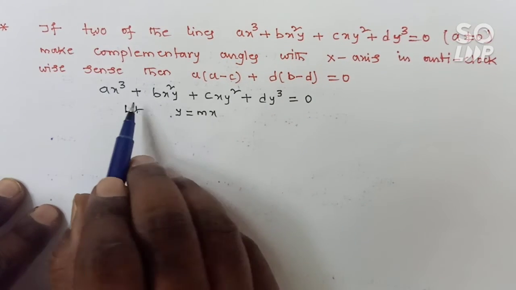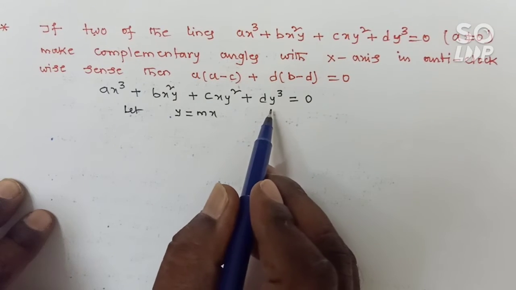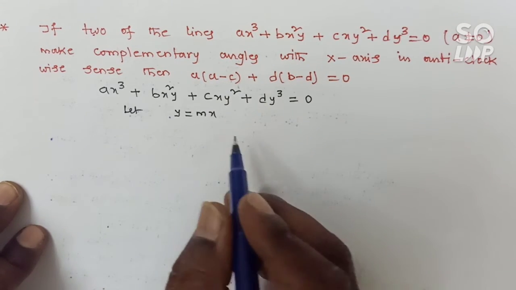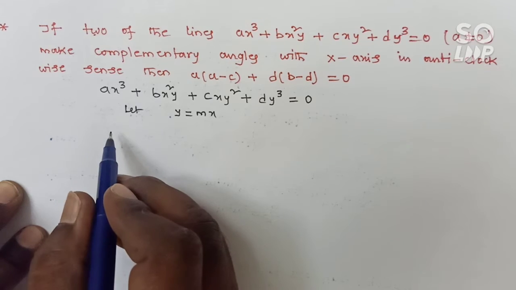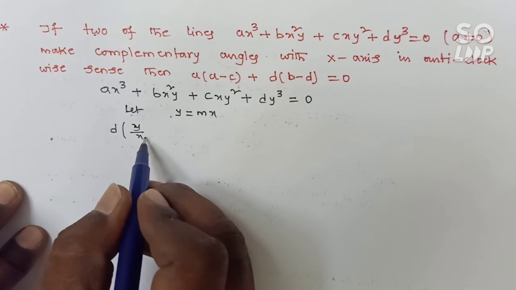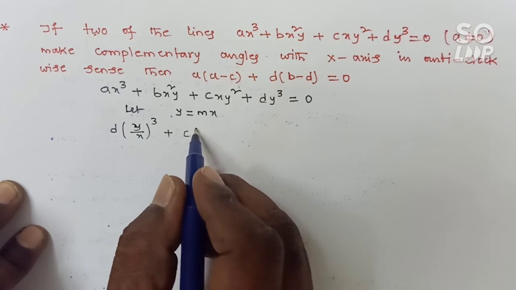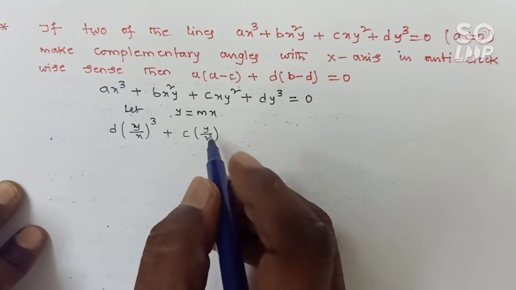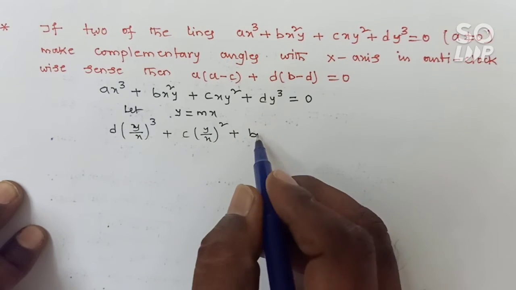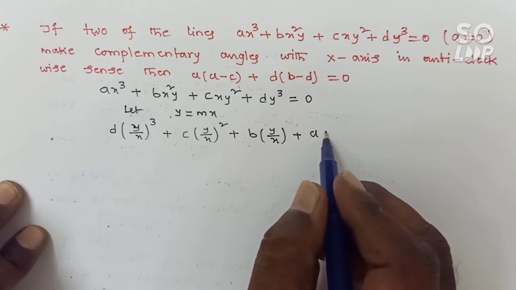Now either directly substitute y is equal to mx, or first divide this one by x cube and after that substitute y by x is equal to m. So you can write d (y by x) whole cube plus c (y by x) whole square plus b (y by x) plus a is equal to 0.